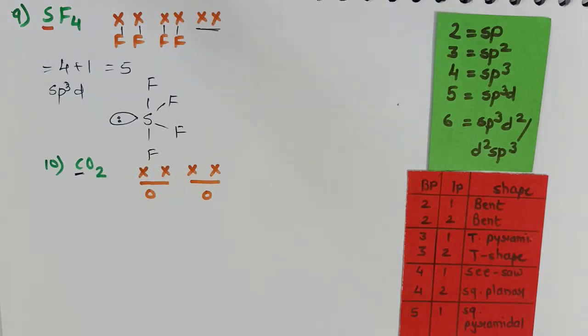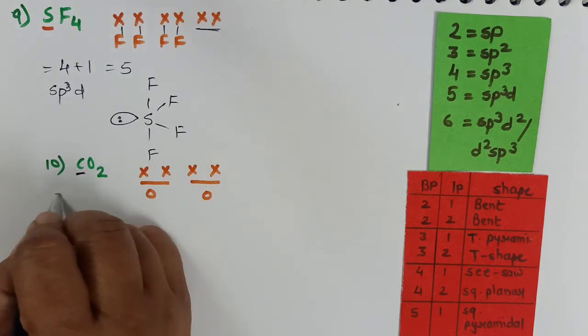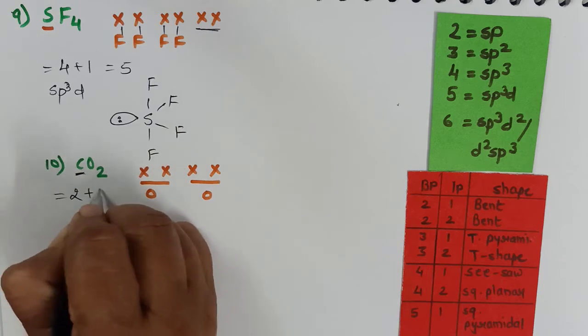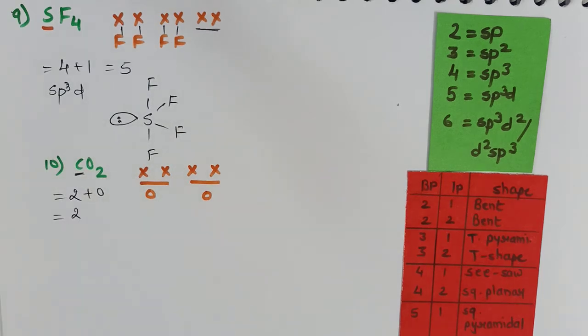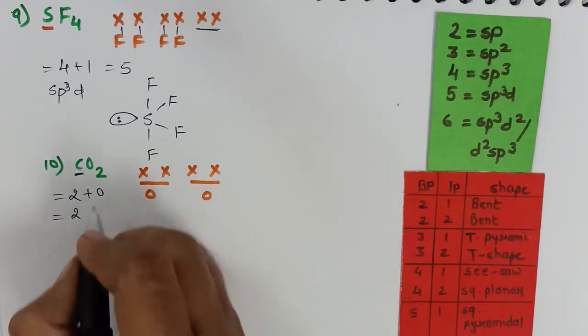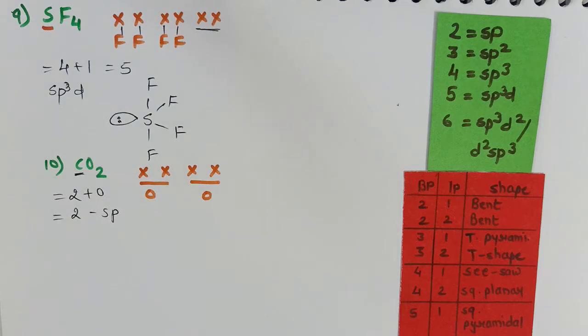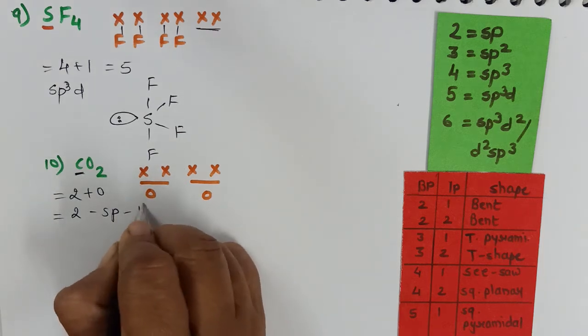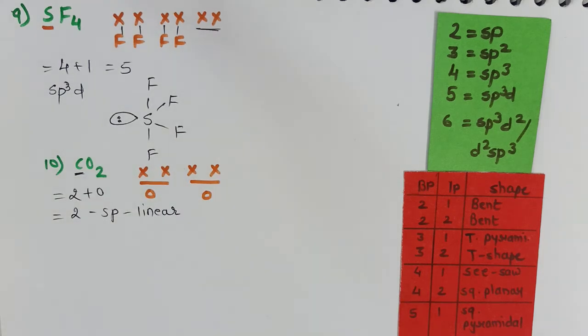So here there is no lone pair left out. Bond pairs will be 2 and no lone pair left out. So the sum becomes 2. Therefore it undergoes sp hybridization. So we say in carbon dioxide, carbon undergoes sp hybridization and it shows linear shape.